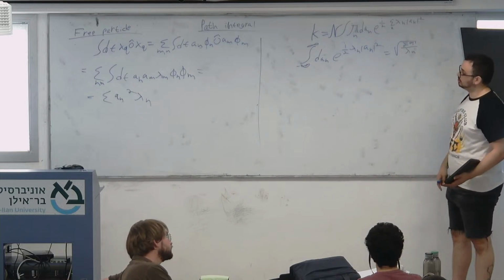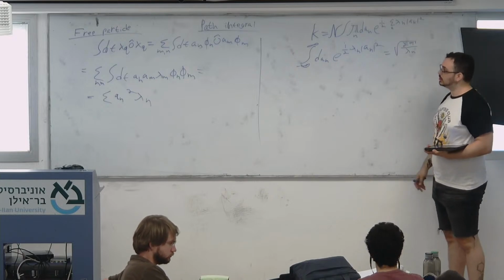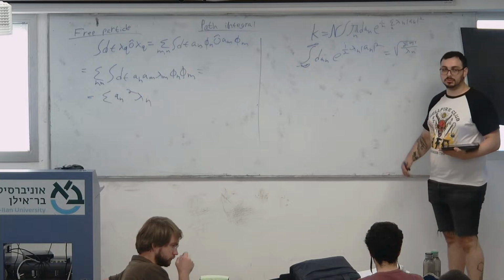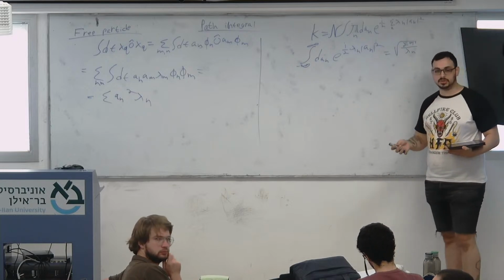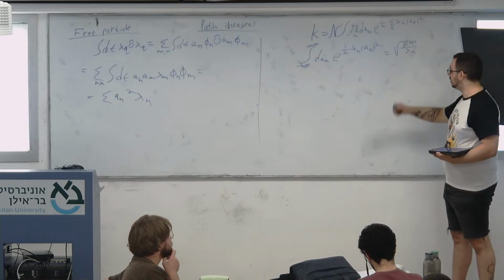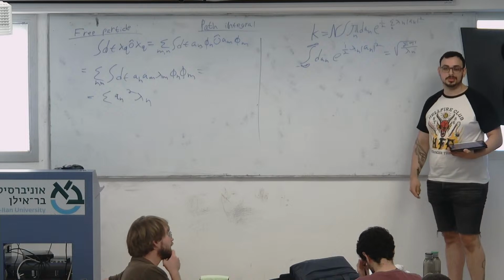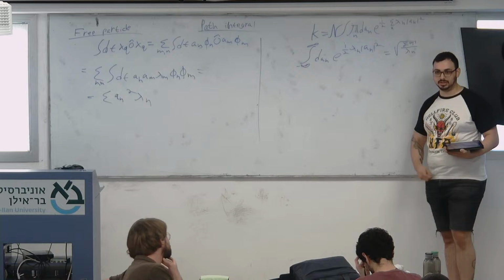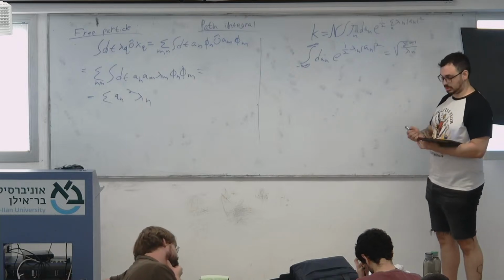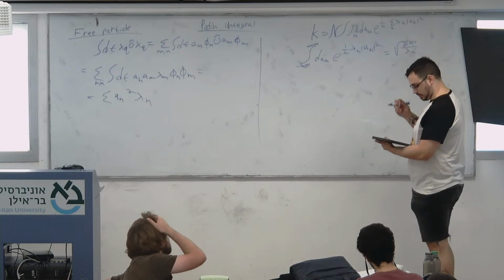Second option that you probably won't see is try to Fourier transform. Use Fourier transform to get rid of the derivatives in the exponent. And the third and last option will be what we did with the free particle, which is doing everything by hand. Trying to find some recursion between the xn, and try to expand it over the entire series.